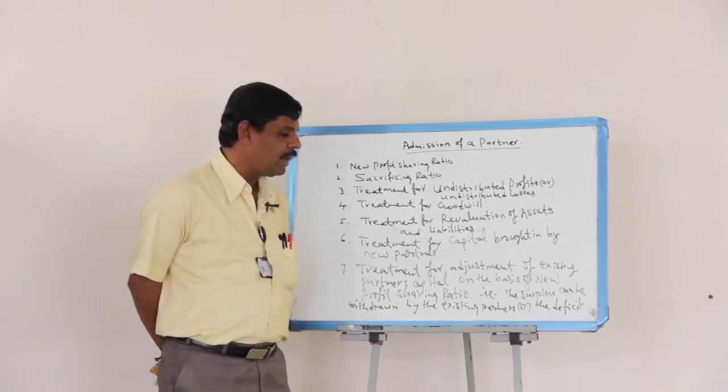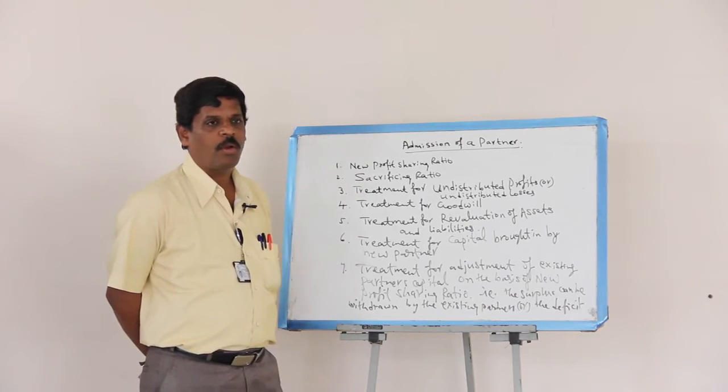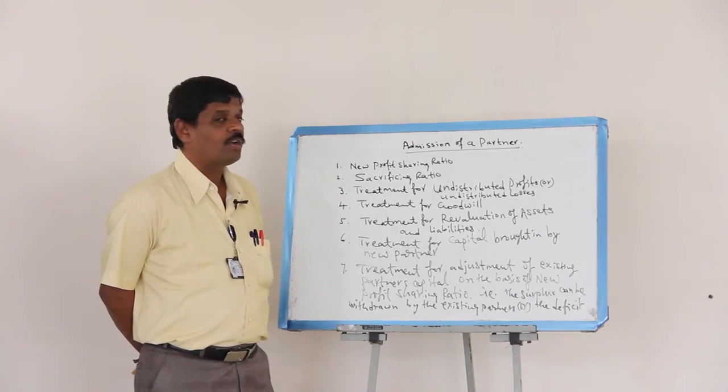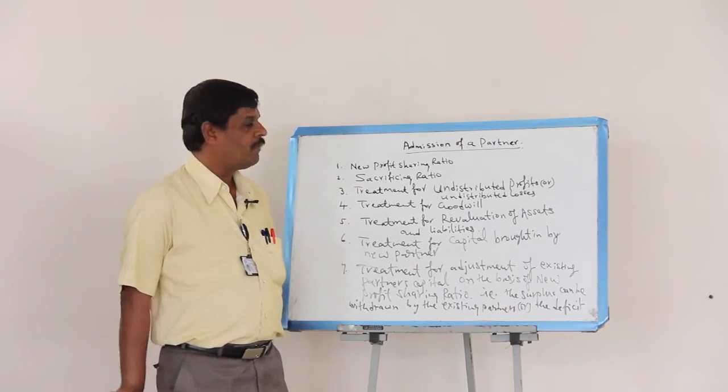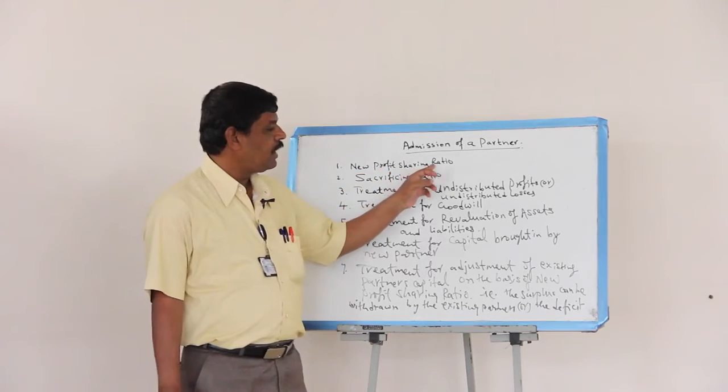One should know the following 7 points for solving the problems under the topic admission of a partner. So the first point we have, let us recall again, new profit sharing ratio.